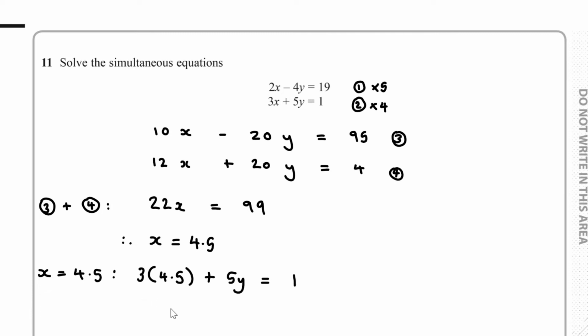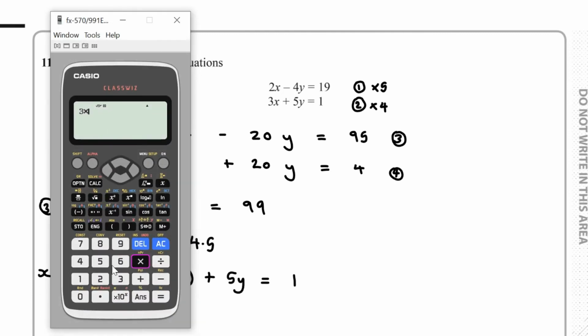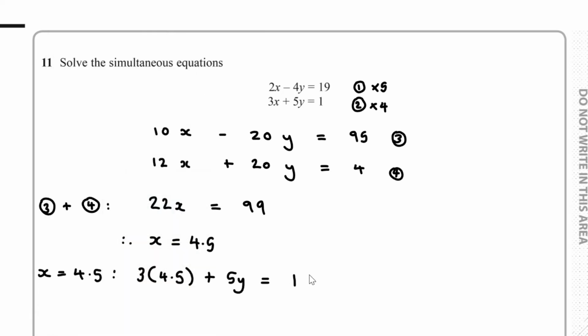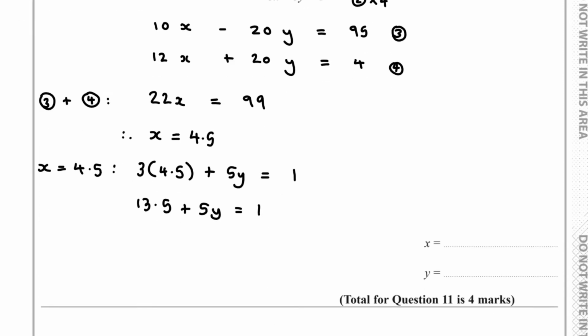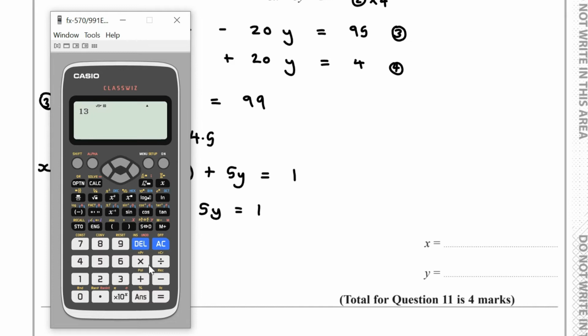So 3 times 4.5, that's 13.5. So I've got 13.5 plus 5y equals 1. Subtracting 13.5 from both sides, we get minus 12.5.